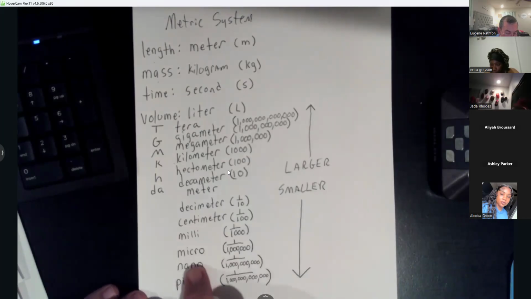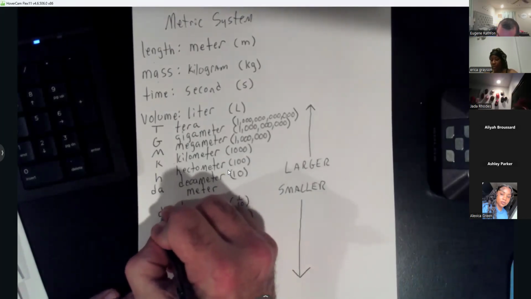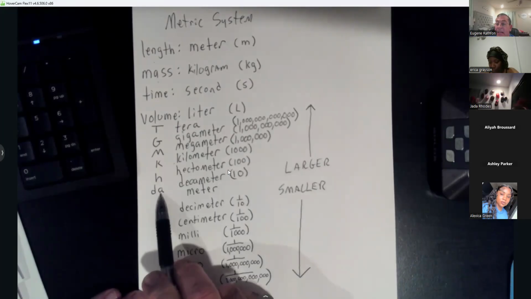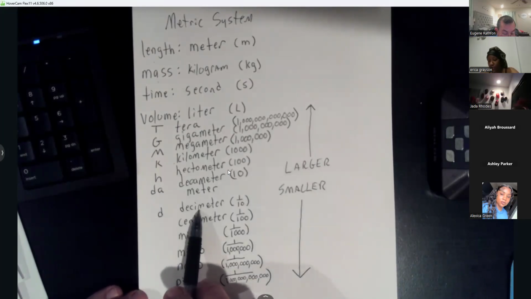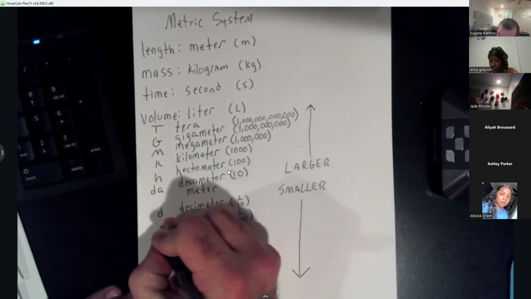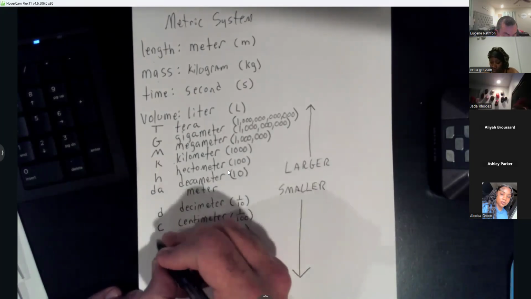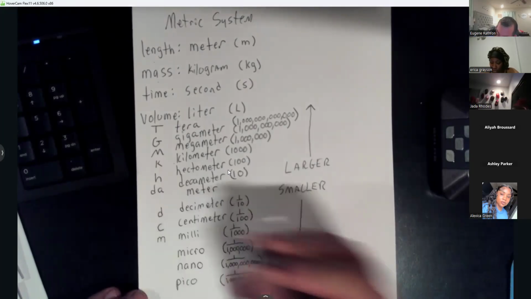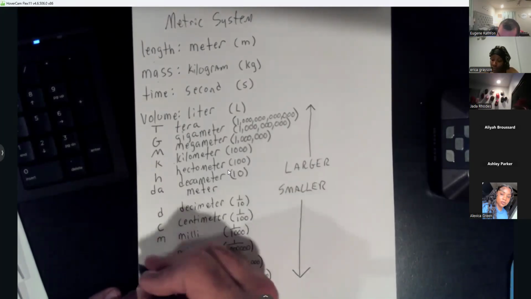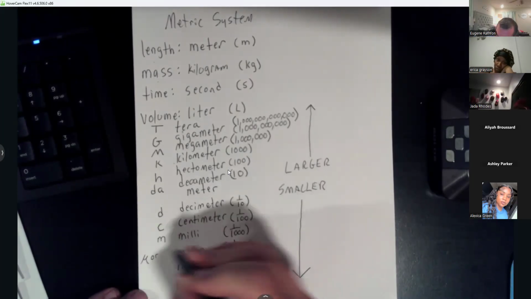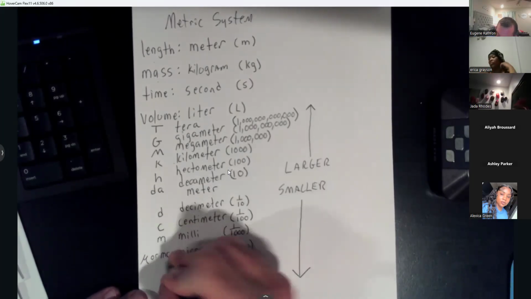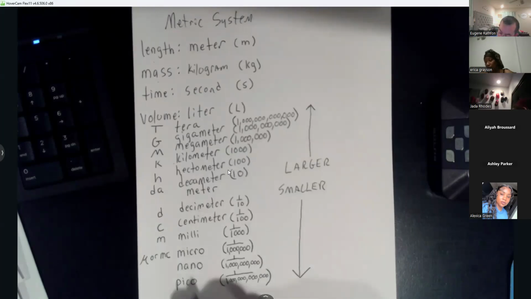Now for the smaller ones, deci uses a D. So that's why deca is a DA, because the D is already taken by the decimeter. Centi is a C. Milli is a M. Micro uses either the micro symbol or MC. Nano is an N, and then pico is a P.